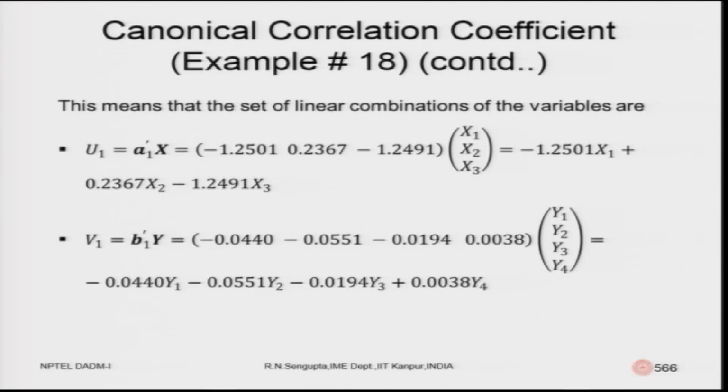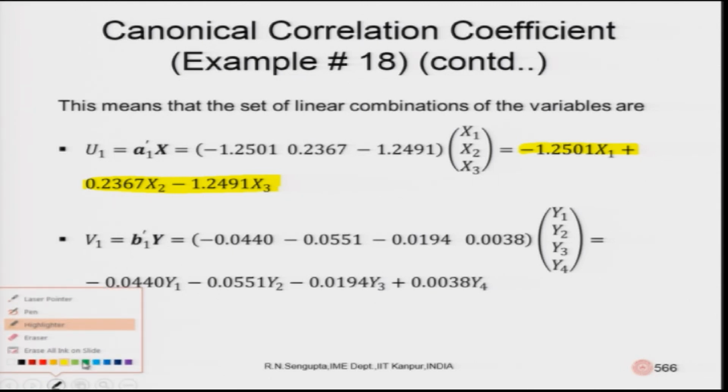The values of a1, if you concentrate on the first row, would be minus 1.2501, 0.2367 and minus 1.2491. That will be multiplied by the column vector of x1, x2, x3, and the first u1 is given by this linear combination of x's. I am utilizing the a's.